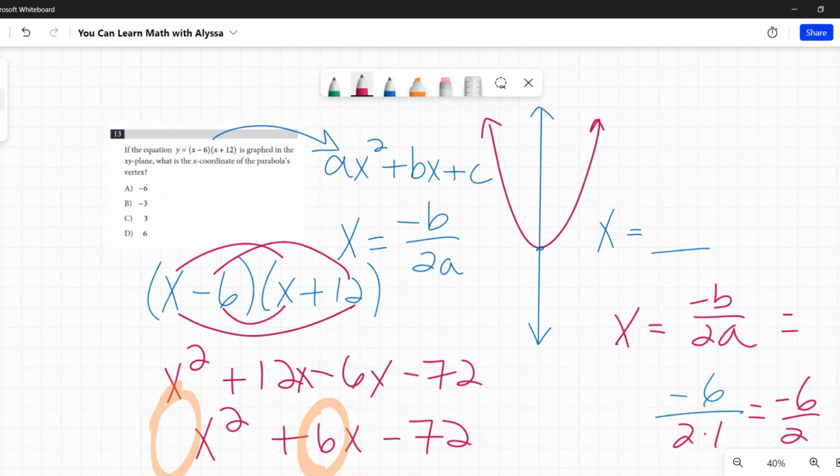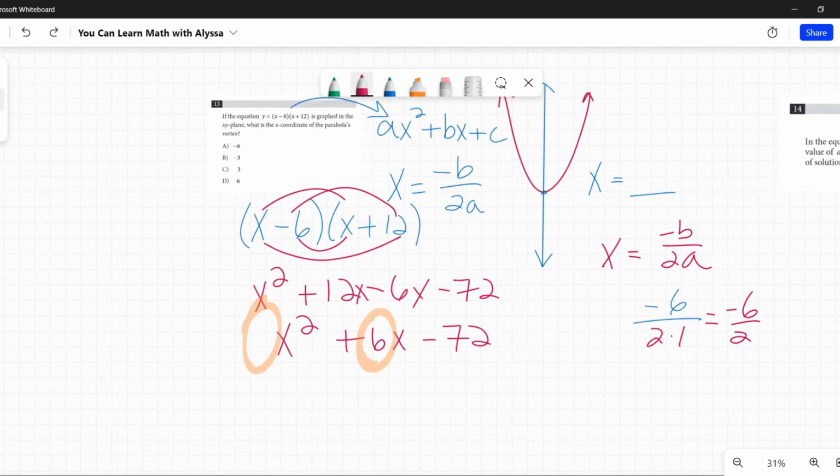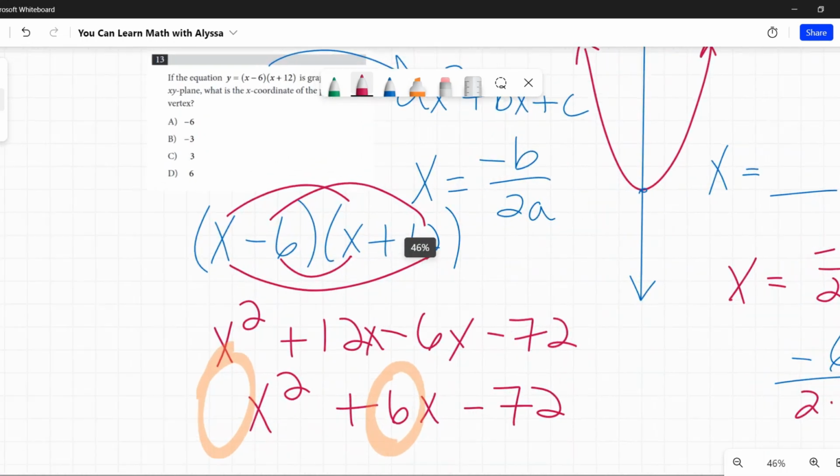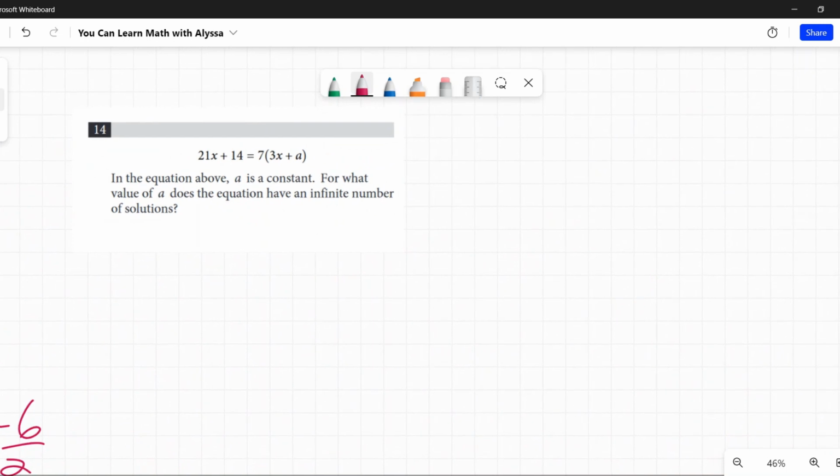Negative 6 divided by 2 is negative 3. So negative 3 is my axis of symmetry, and it means that wherever that vertex is, negative 3 is also the x coordinate for that vertex.